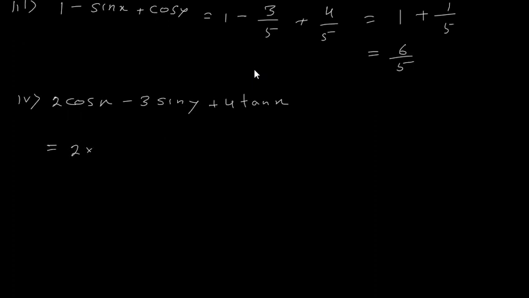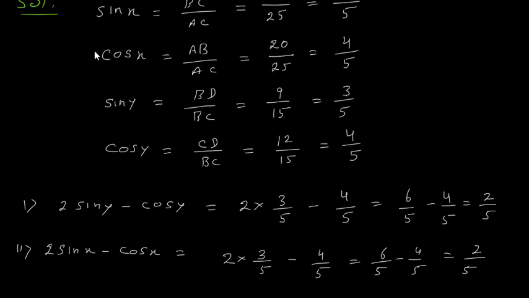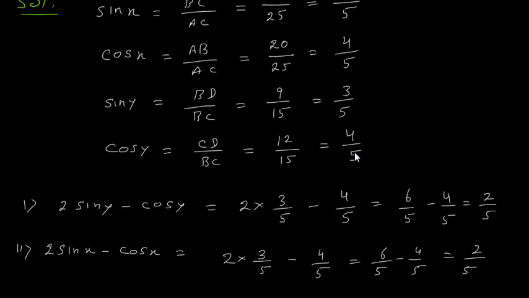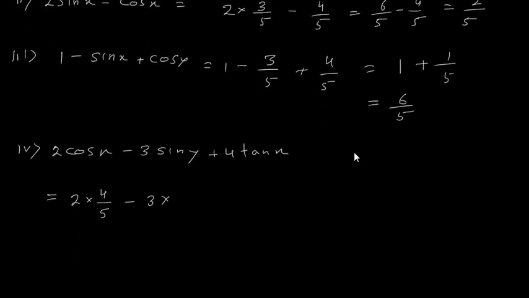So what is the value of cos x? We see cos x is 4 upon 5. So 2 into 4 upon 5 minus 3 into the value of sin y. Sin y is 3 upon 5. So 3 upon 5 plus 4 into tan x.